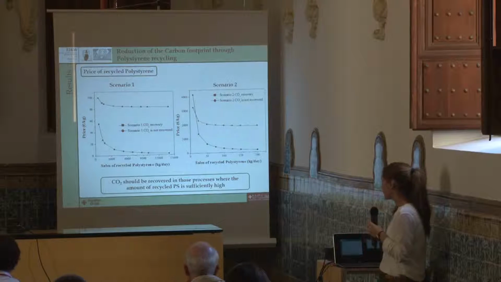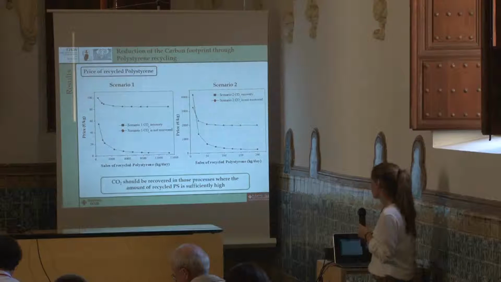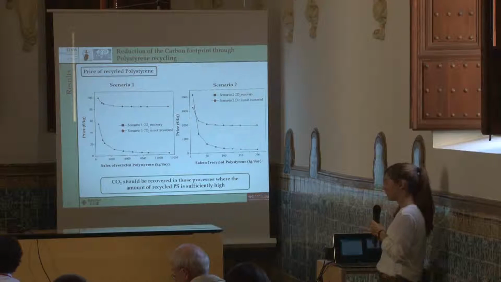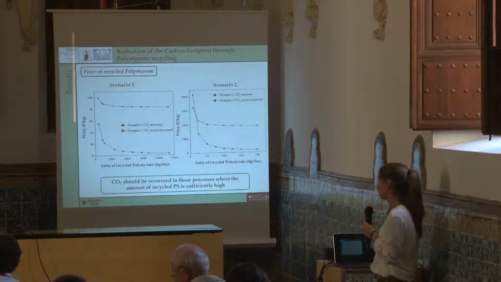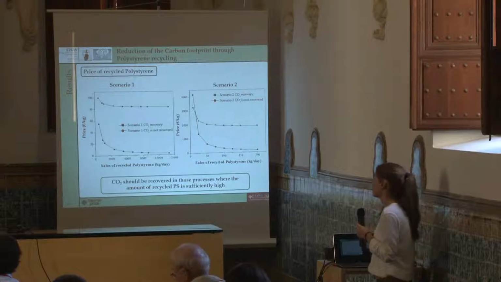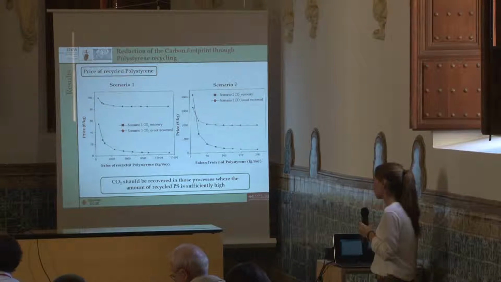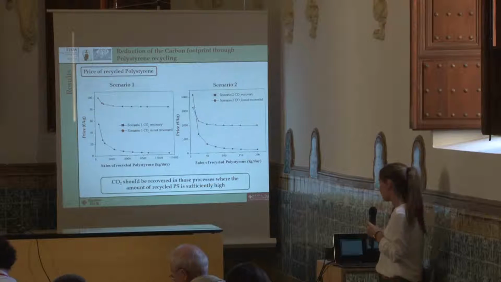So we have evaluated the optimum selling price in both scenarios, considering CO2 recovery or not. In both figures, independently of the recovery of CO2 and of the scenario, when sales increase, prices decrease. But if we consider the market trend, we have to limit these values according to those shown in the slide.